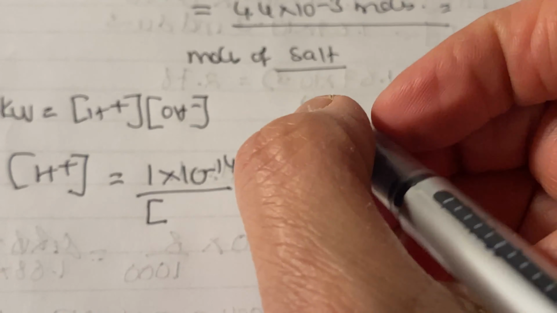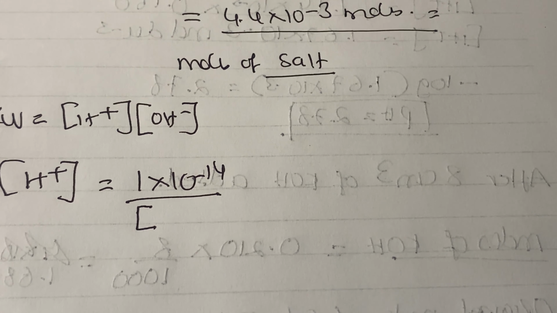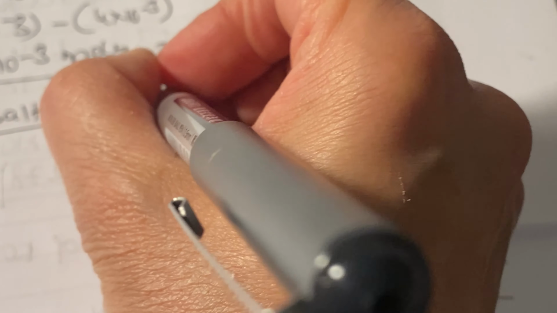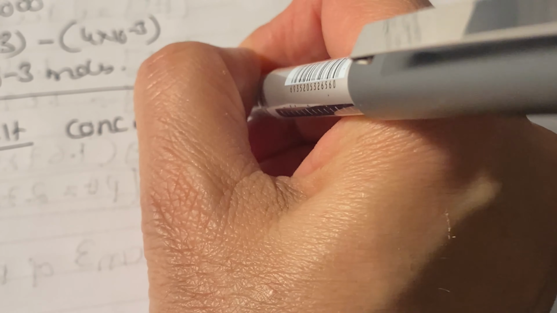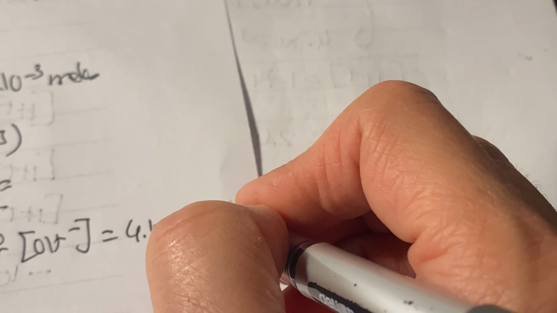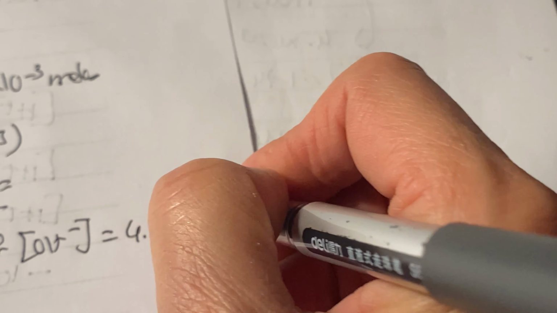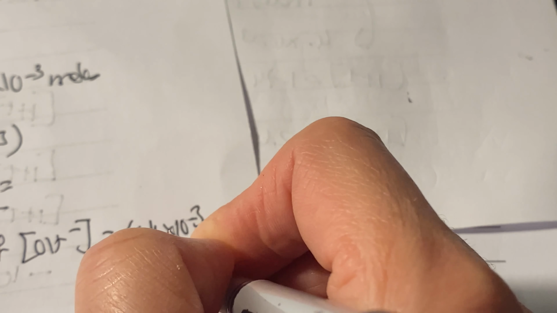Oh, we haven't worked out the concentration of hydroxide, have we? So the concentration of hydroxide ions equals 4.4 × 10^-3 times 1000 divided by 65, which equals 0.0677 mol dm^-3.